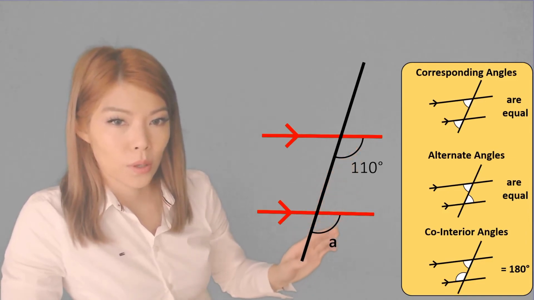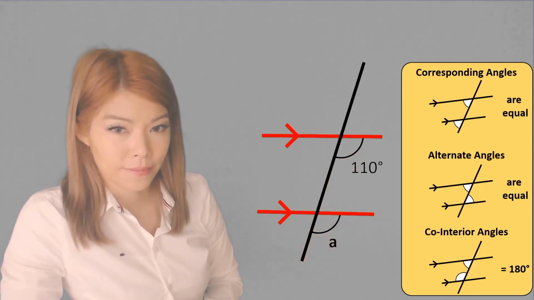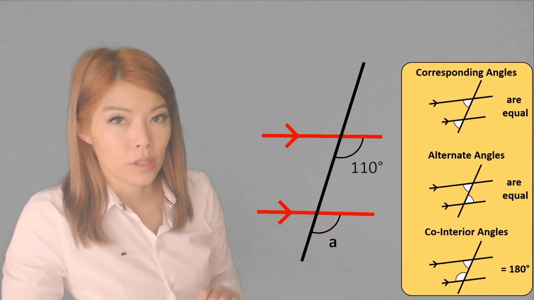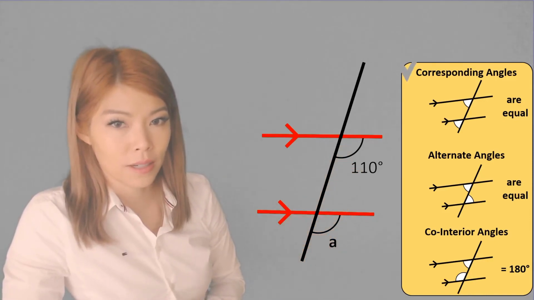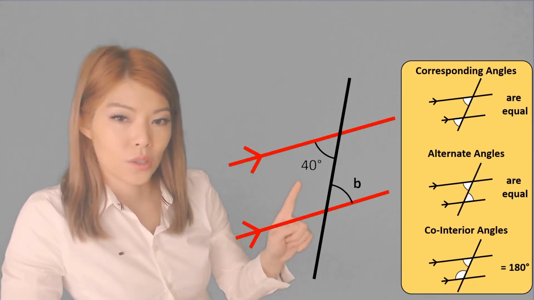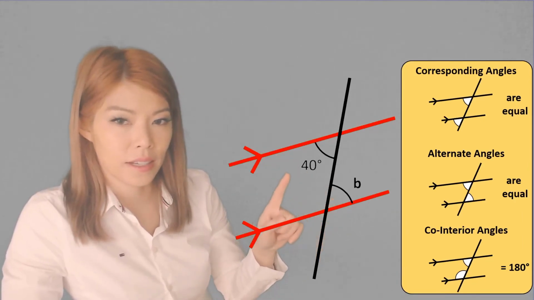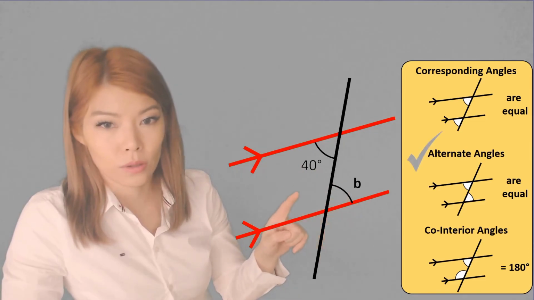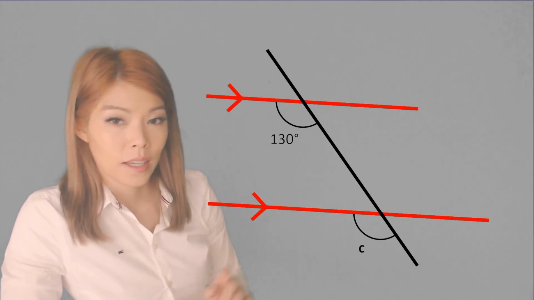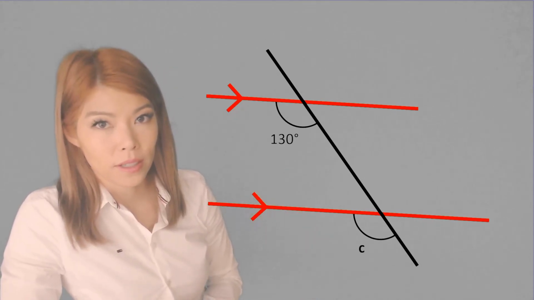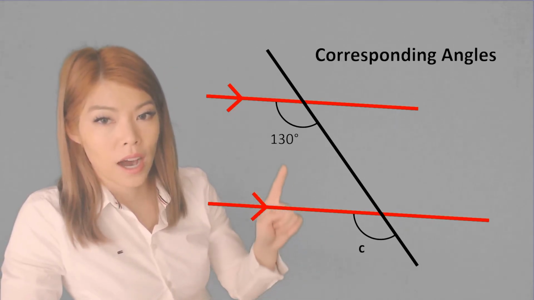Are they corresponding, alternate, or co-interior? These two are corresponding, so A is going to be exactly the same, 110 degrees. What about these two? These are alternate, so B is going to be equal to 40 degrees. What about this one? These two are also corresponding, so C is also 130 degrees.